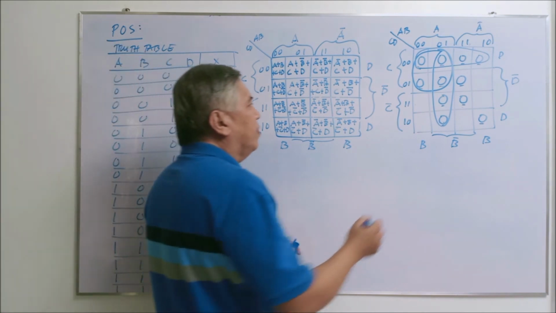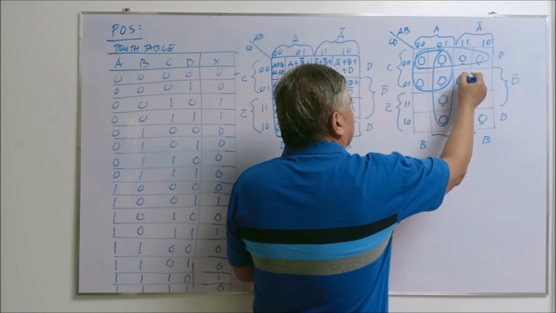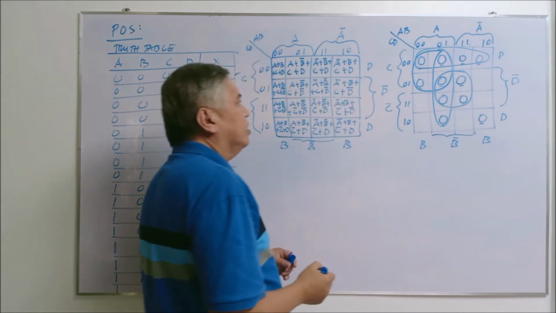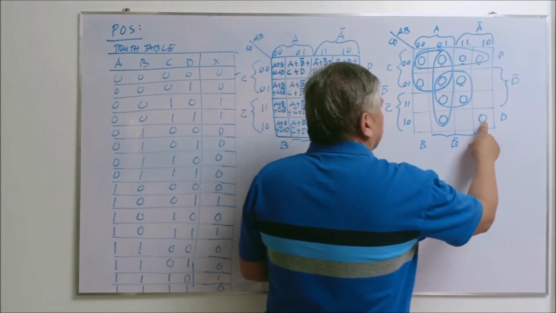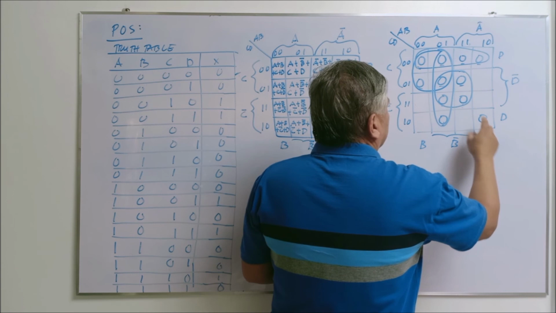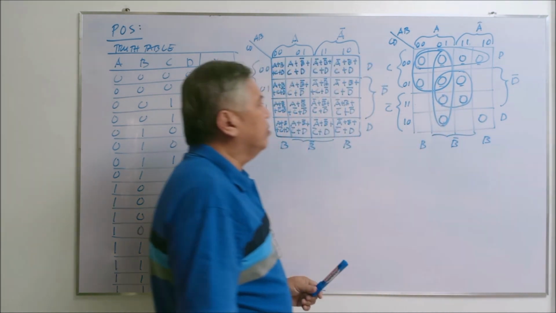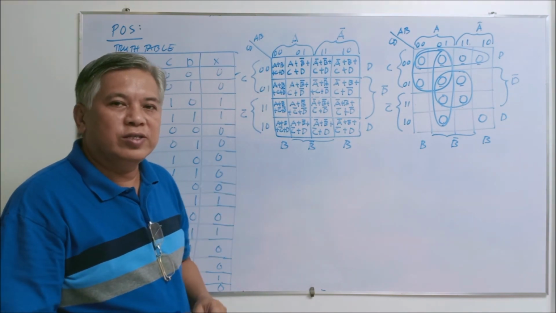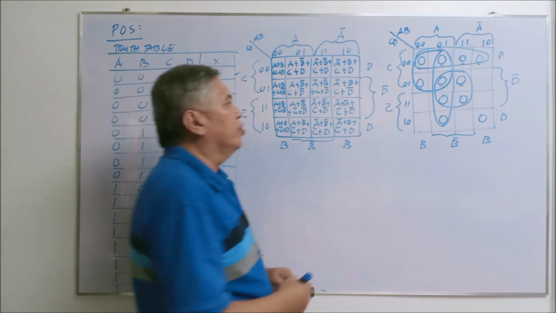Then, again, 4 adjacent cells. This one here and this one here are adjacent. So, that is another 4 adjacent cells. And what is left is this one. Since it has no pair to form 4 adjacent cells, we go to 2 adjacent cells.